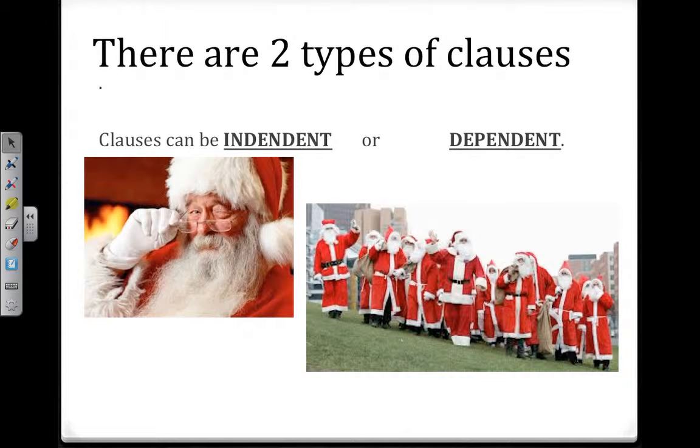So to get started talking about clauses, first of all, there are two types. There are independent clauses that can stand alone, like this lovely Santa Claus over here on the left, or there are dependent clauses. They need to stand alongside other clauses in order to make sense and in order to make a complete sentence, like all of these Santas clumped up over here on the right.